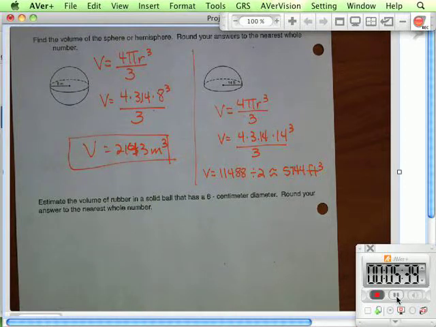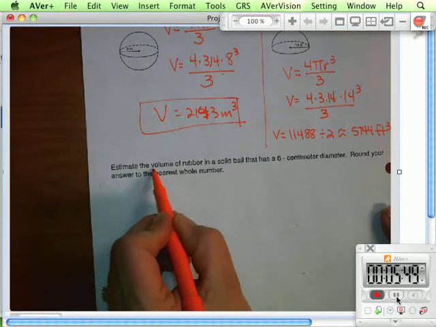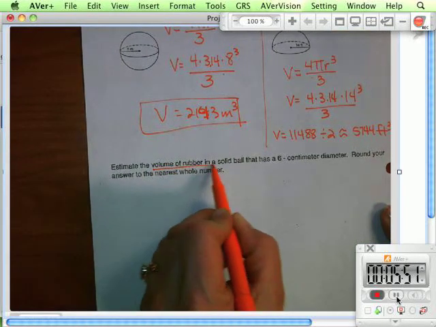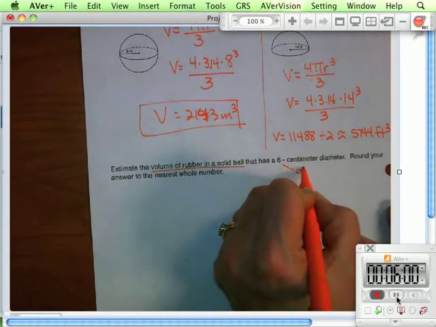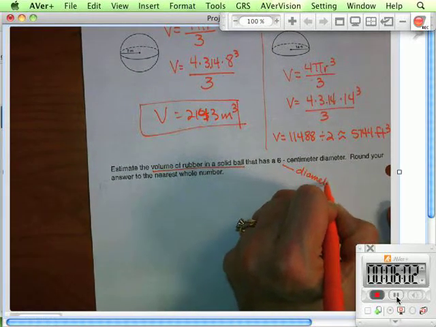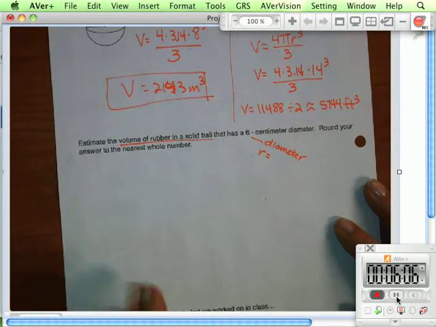Last one. All right. Estimate the volume of rubber in a solid ball. So it's made up completely of rubber, like a Nerf ball that's rubber, I guess. And it has a 6 centimeter diameter. This is the diameter. I'm going to need the radius, so what's the radius? 3.